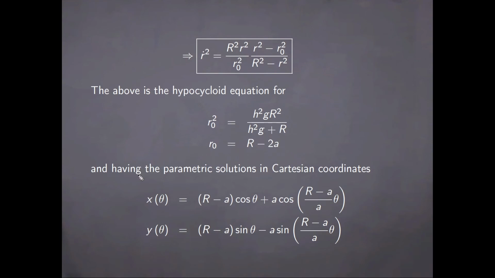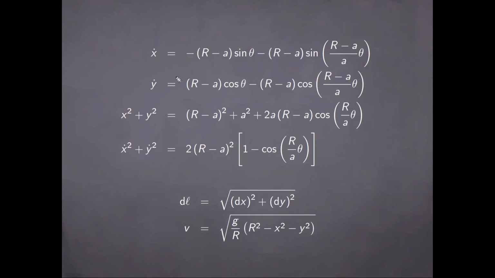And the parametric solutions for a hypocycloid are given in Cartesian coordinates x and y as the following expressions as functions of theta. So it should be the ones here. And from these, we can calculate immediately the derivatives of x and y with respect to theta, which should be these ones. We can calculate x squared plus y squared and the sum of the squares of the derivatives.